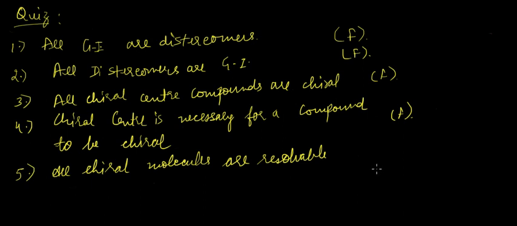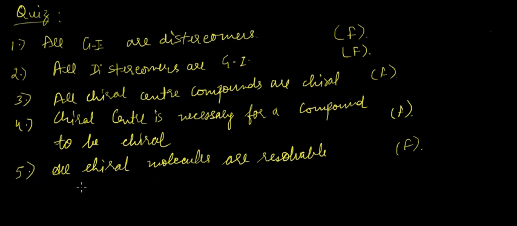So all chiral compounds are resolvable. The answer should be false again, because you can have cases like amine inversion or flipping, right? So now we are done with the quiz part. Coincidentally, all the answers seem to be false here. Okay, so let's start with the reaction of alkene with cold alkaline KMnO4.